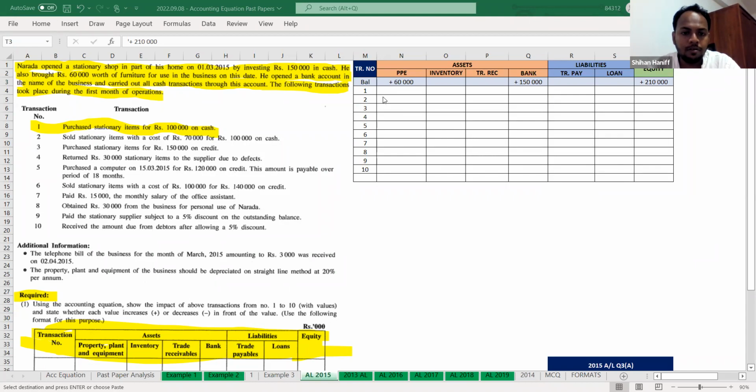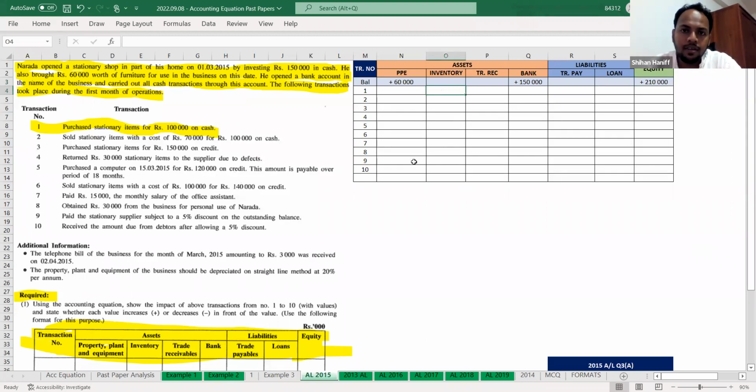Can you all tell me what happens when we purchase stationery? Cash will reduce by 100,000. Yes, that's correct. Inventory will increase.